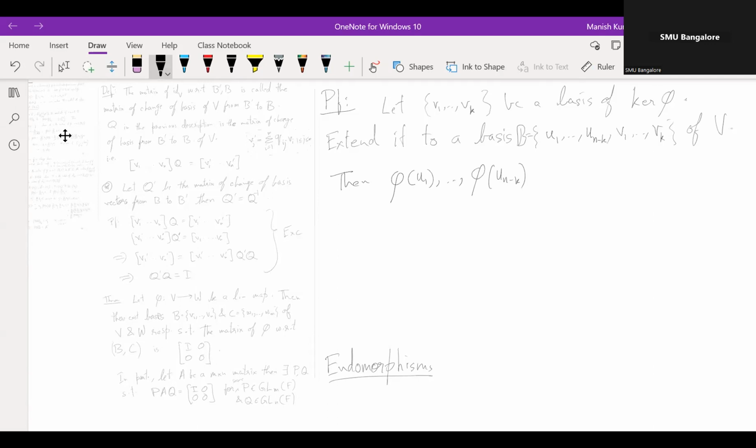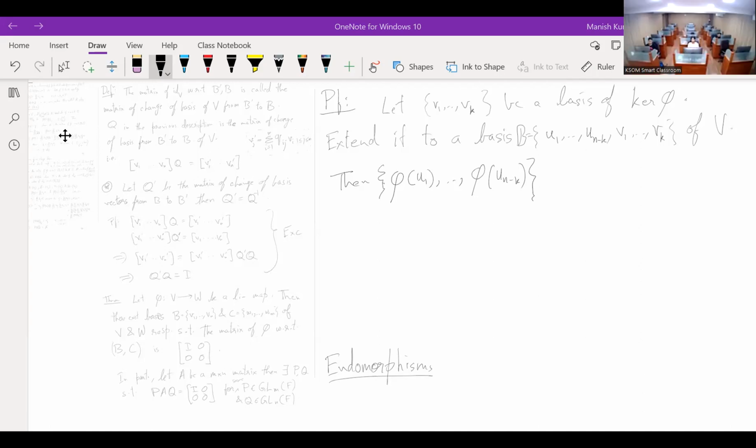What can we say about this set? This is contained in W. It's in fact contained in the image of phi. But what do we know about this set? It is linearly independent, right?